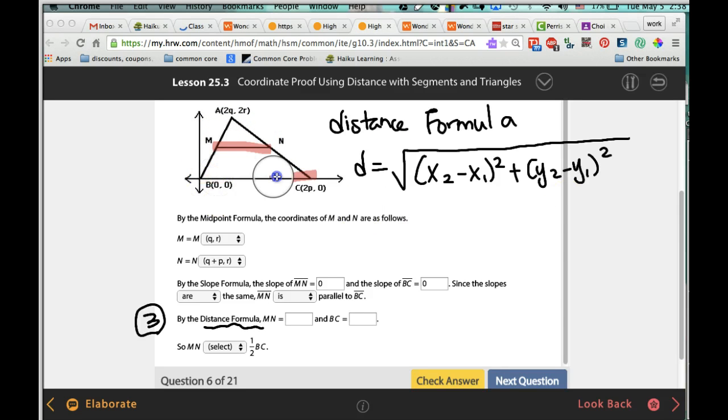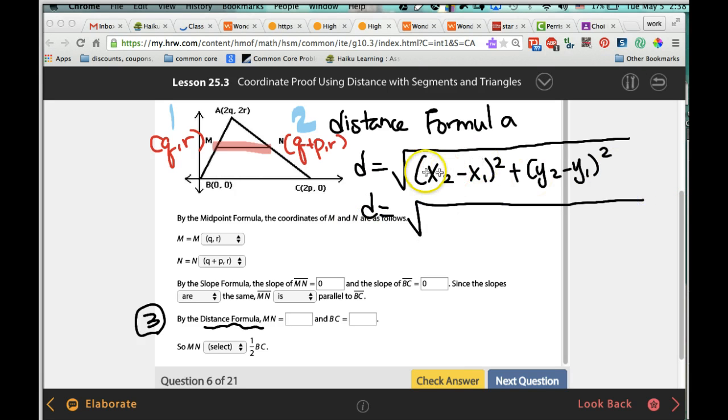Okay? So let me erase this because we're not using that, right? And I'm going to write my coordinates. This one was Q comma R. And this one was Q plus P comma R. Okay? And I'm going to say that this group is number 1 and this group is number 2. Okay? So, now let's work. D is equal to the big square root of. X sub 2 means the x value in group 2.